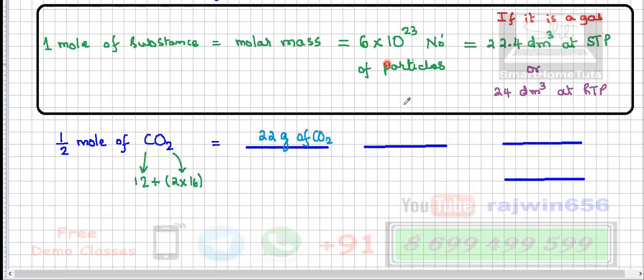Then in terms of number of molecules of carbon dioxide, for 1 mole it is 6 multiplied by 10 raised to 23. So for half mole, it is going to become 3 multiplied by 10 raised to 23 molecules of CO2.